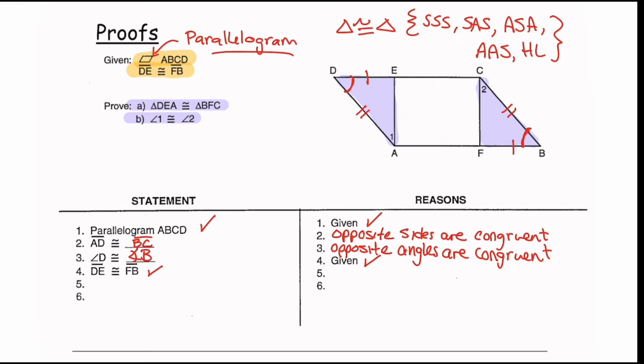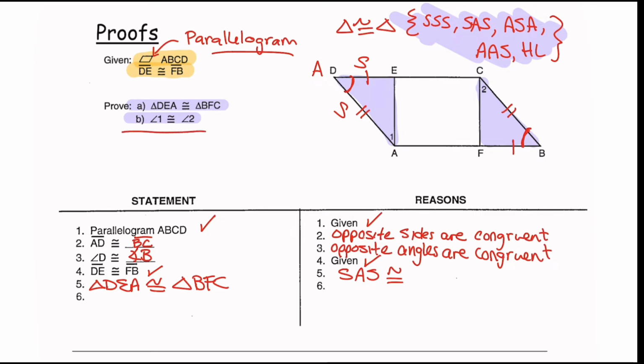Well, if we look at our triangle, we have enough evidence to support one of these cast of characters. And if I look closely, the one that we get here is side, angle, side. SAS. So triangle DEA is congruent to triangle BFC by side, angle, side congruence.